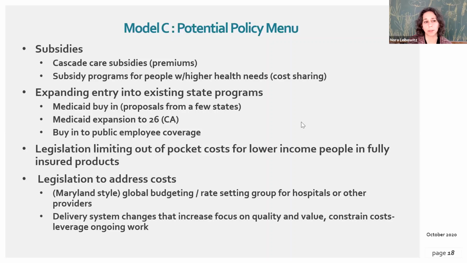Another related issue is the idea of having subsidies, particularly for people with higher healthcare needs. In some ways, this is a different way of getting at what reinsurance gets at, trying to attack the problem of certain people with very high utilization costs and support them without making a big change to the entire program's cost sharing.